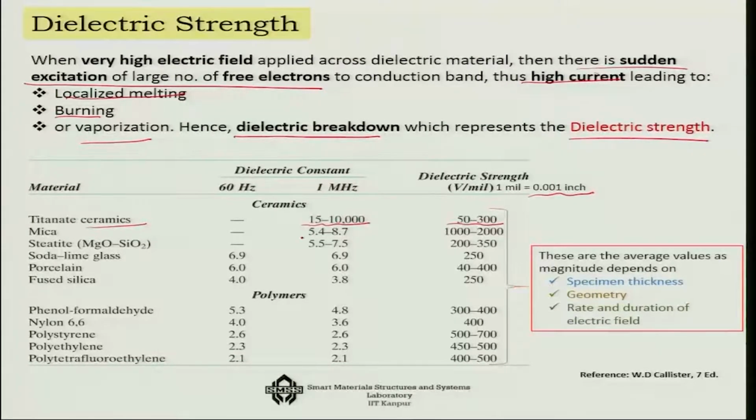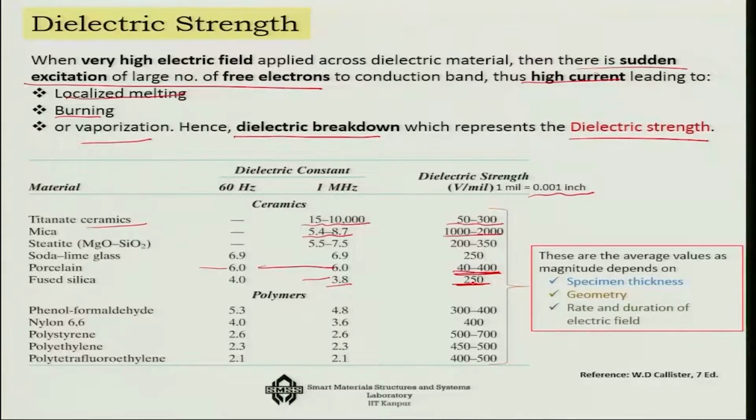For mica, which is also used as a very good dielectric material, the dielectric constant is 5.4 to 8.7, and the strength is 1000 to 2000. Then there are some natural materials, steatite, soda, etc., and porcelain, which is very commonly used, is about 6, and the dielectric strength is between 40 to 400. Fused silica is about 3.8, with about 250 volts per mil dielectric strength.